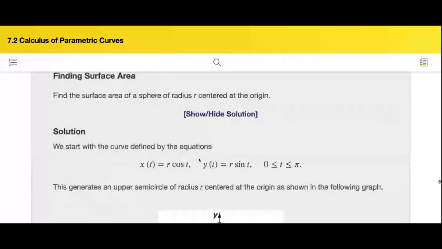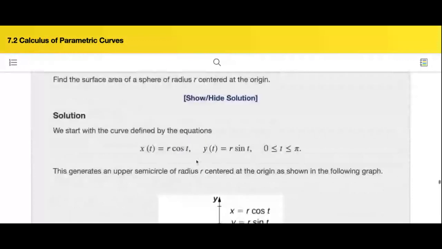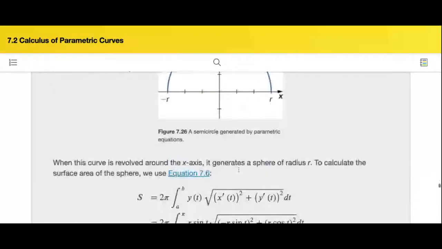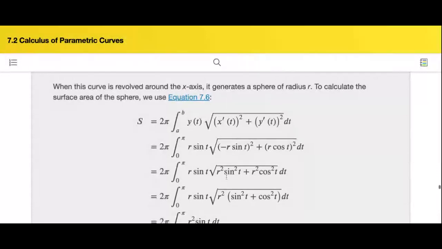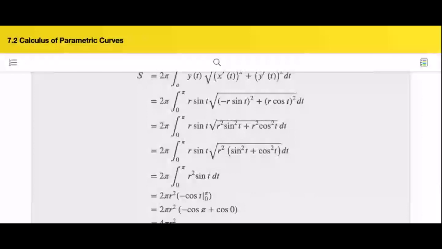So we do 2 pi, y of t is r sine t, lower limit 0, upper limit pi, square root of x prime of t, which is negative r sine t, squared, plus y prime, which is r cosine t, squared. When we square, we simplify: sine squared plus cosine squared equals 1, square root of r squared equals r, so we get r times r sine t.